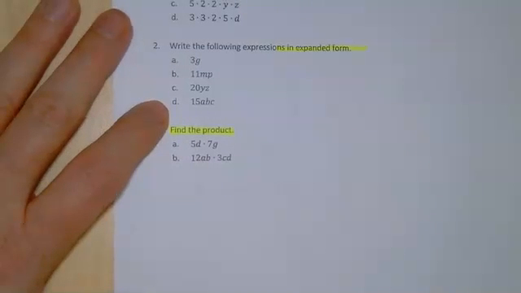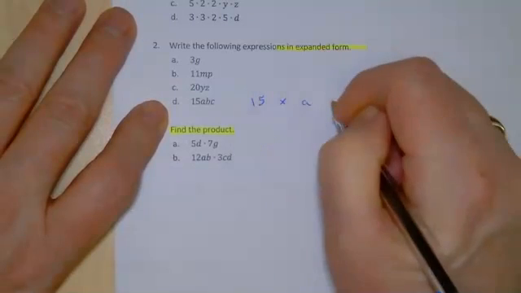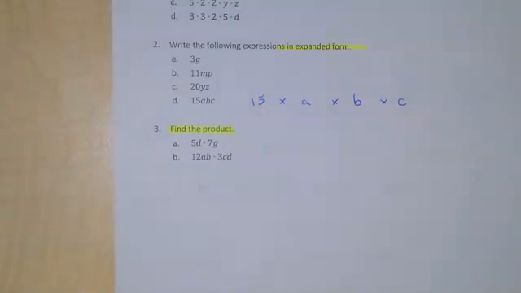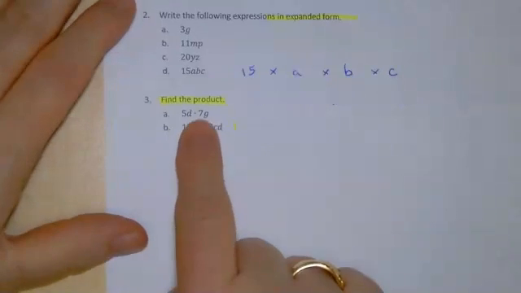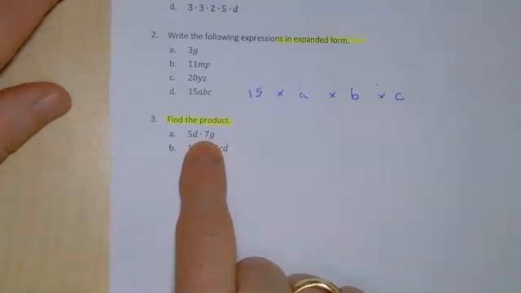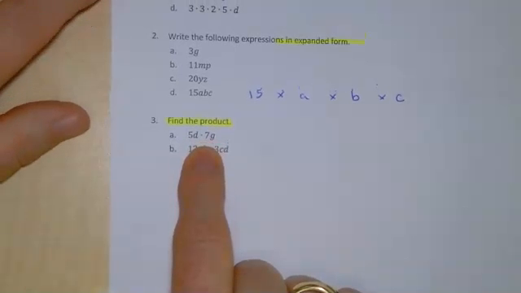Ready? Expanded form is going to look like this. 15 times A times B times C. There's an example of what that answer would look like. And who can tell me what you would do with this one? We practiced a few of those. Quaid? At the end. Exactly right.